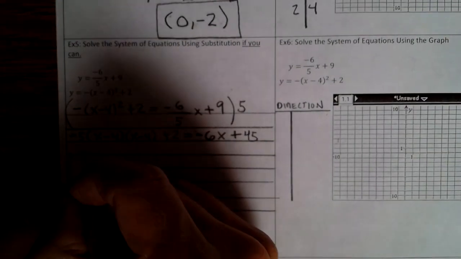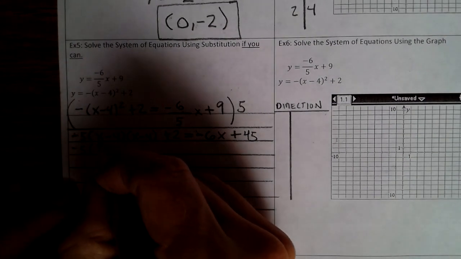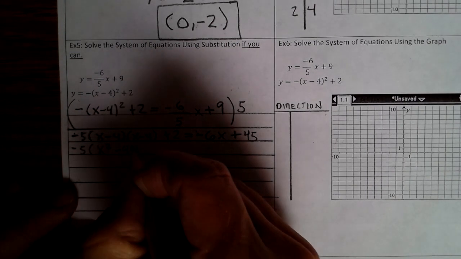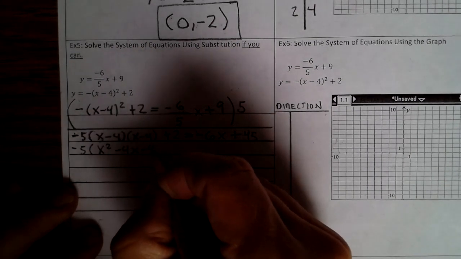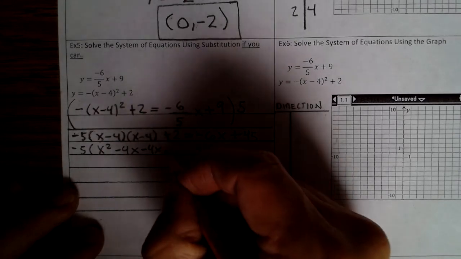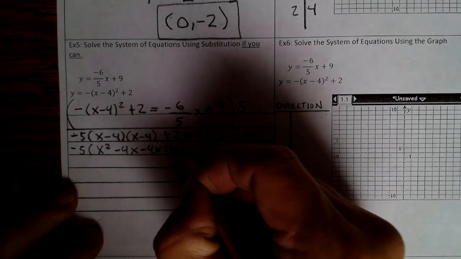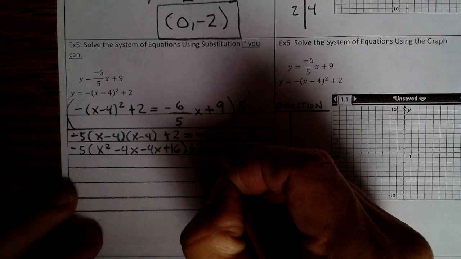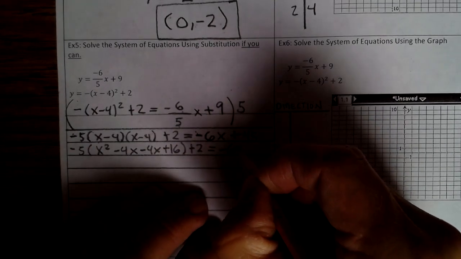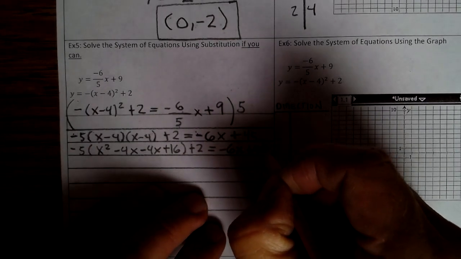So then this is negative 5 times x squared, negative 4 times x is negative 4x, negative 4 times x is negative 4x, negative 4 times negative 4 is a positive 16, and then plus 2 equals negative 6x plus 45.